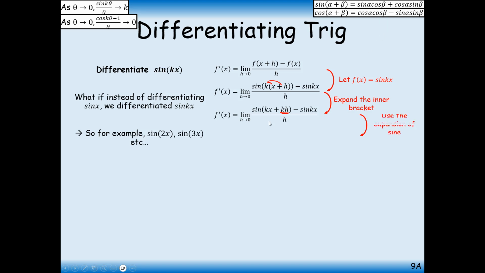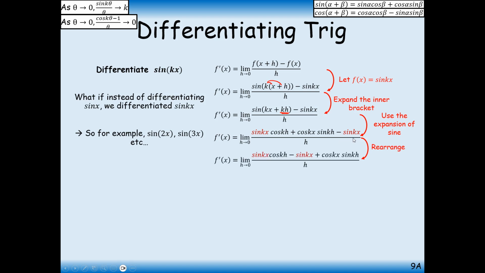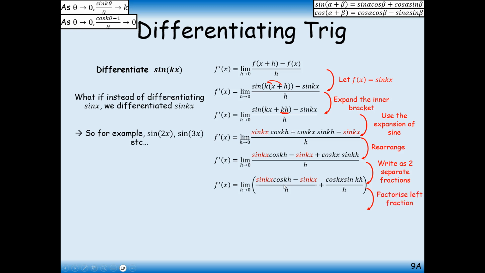So we're going to use the formula in the top right hand corner here to get this expression, and then factorize the red bits, the bits that I've highlighted in red. So once we factor them out, we end up with this expression.